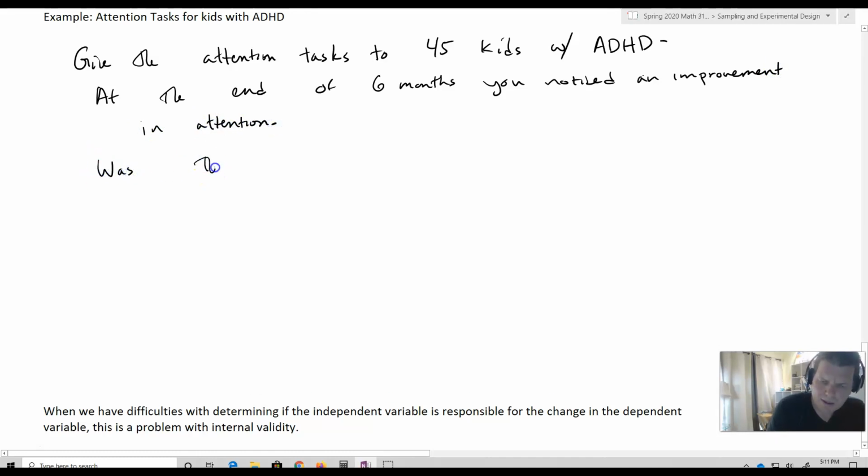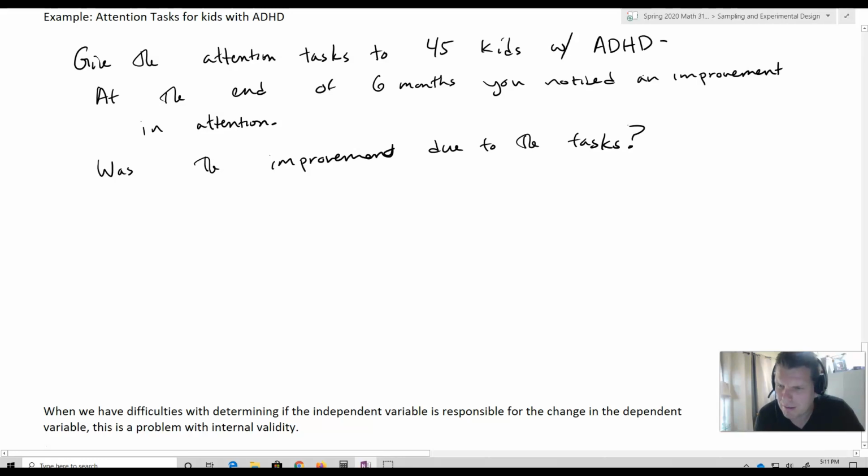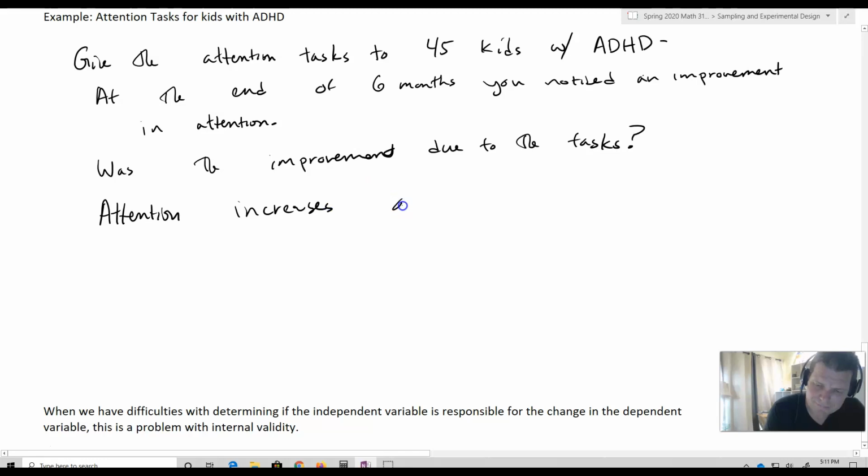Was the improvement due to the tasks? That's a really important question, right? Is the improvement actually due to the tasks? Well, here's the problem: attention increases as we age.